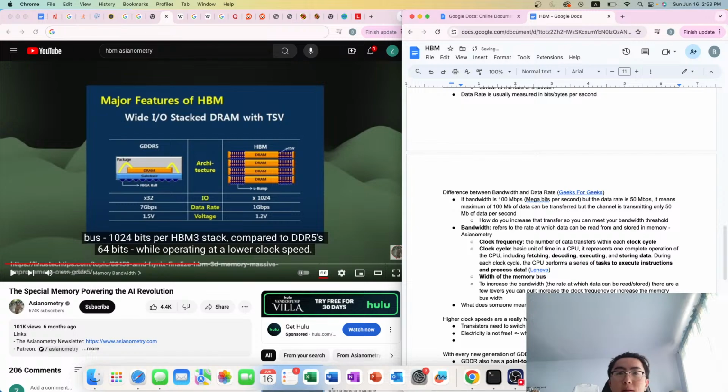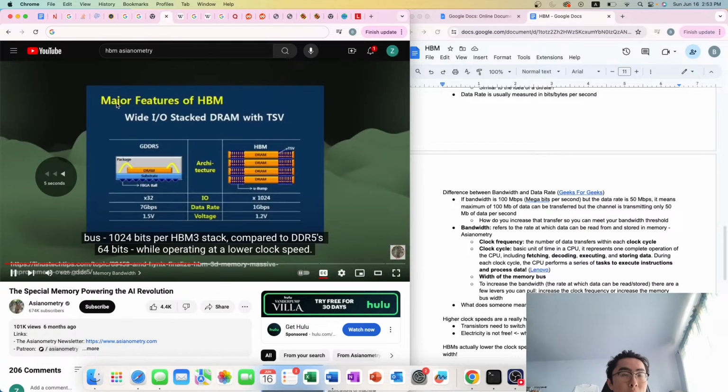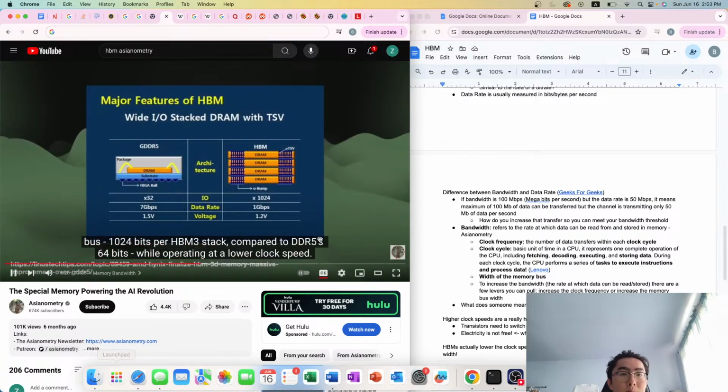HBM doesn't actually lower the clock speed compared to GDDR, graphics double data rate, but it will increase the memory bus width while operating at a lower clock speed.